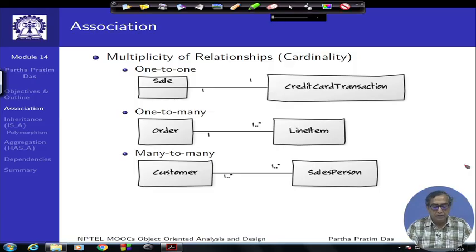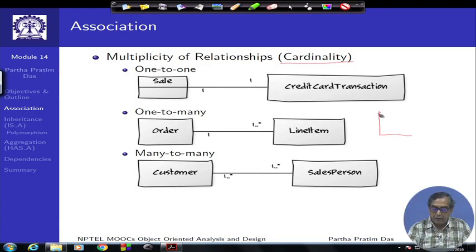Now, associations often will have multiplicity of relationship, and this multiplicity is known typically as cardinality. Suppose you are buying an item using your credit card. On the buying side there is an order that you place, and on the credit card side there is a transaction.